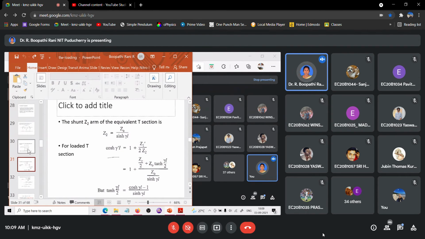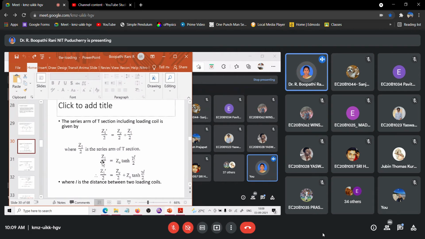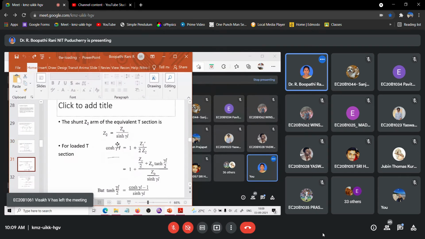This is the relation for the series impedance of the loaded line, and there is no change in the shunt arm, so Z2 remains the same, and we take the relation cosh νL equal to 1 plus Z1 by 2 Z2 as the general expression.